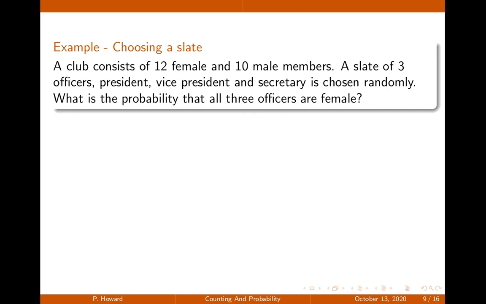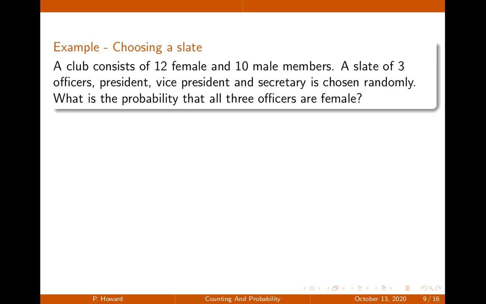Moving on to the next example, choosing a slate of officers. So we have a club in this example consisting of 12 female and 10 male members. A slate of 3 officers, president, vice president, and secretary, is to be chosen randomly.